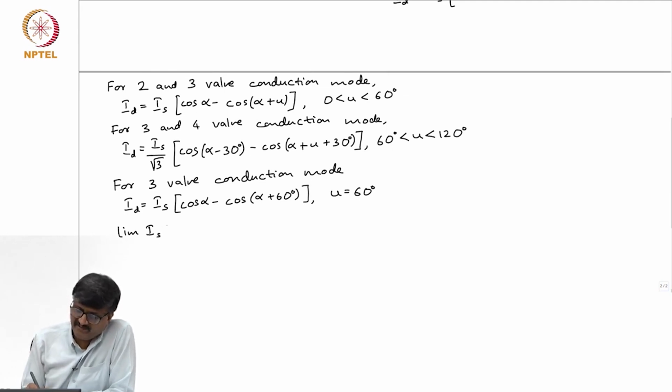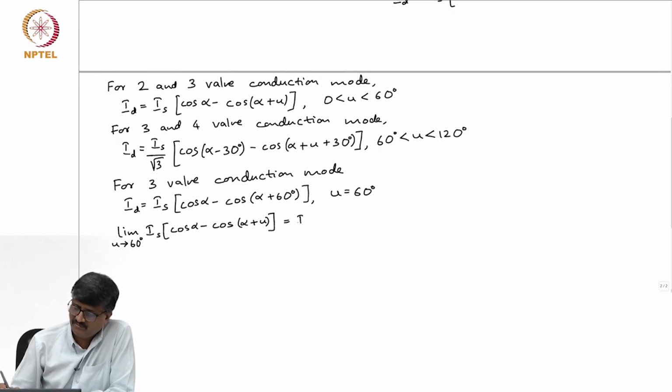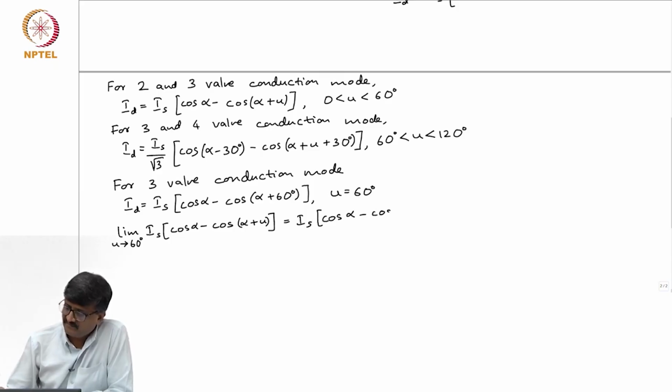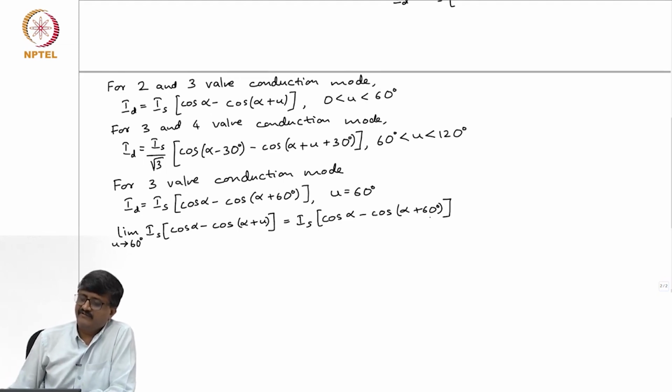So if I take the limit of IS cos alpha minus cos(alpha plus u) as u tends to 60 degrees, it's easy to see that this is equal to IS cos alpha minus cos(alpha plus 60 degrees). So the equation which is derived for u less than 60 degrees is actually applicable for u equal to 60 degrees also.